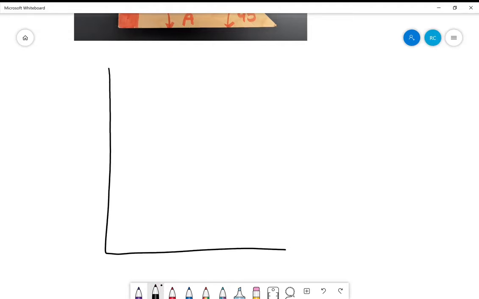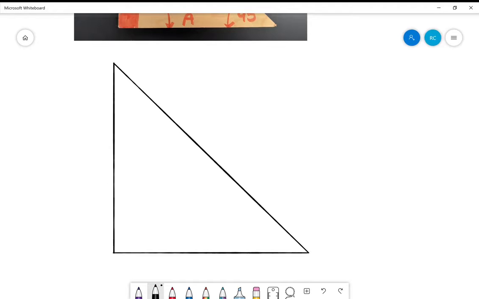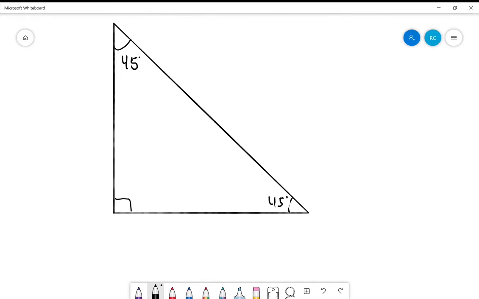So let's start with a 45, 45, 90 triangle. This angle is 45 degrees. This angle is 45 degrees. That's a 5, not a 6. Okay? So we've got this 45, 45, 90 triangle.